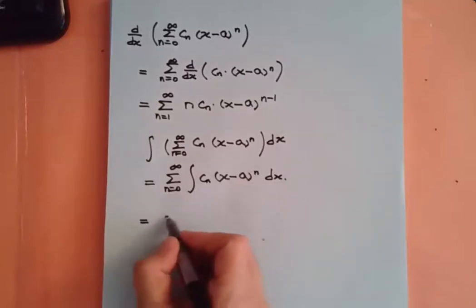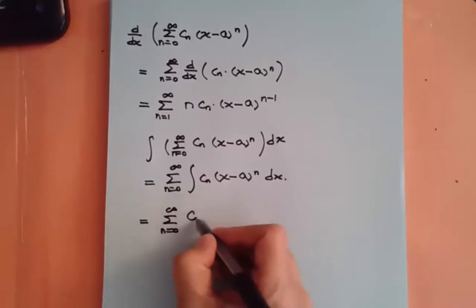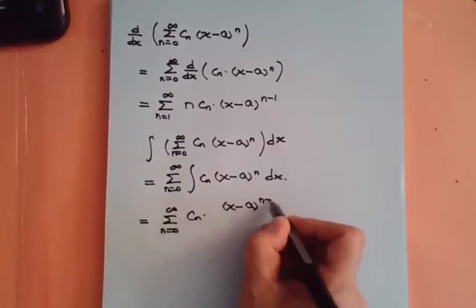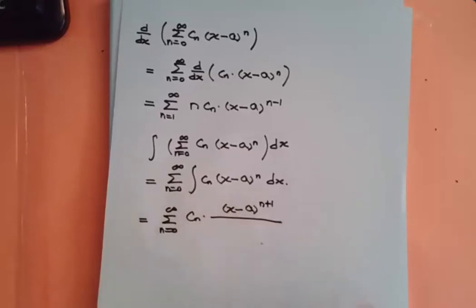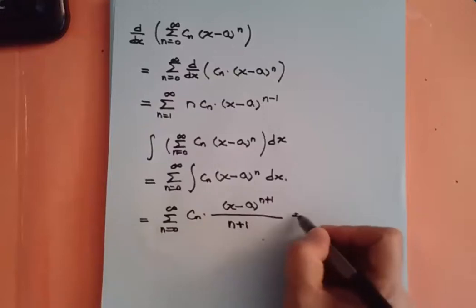So that can be written as the sum from n equals 0 to infinity of Cn times (x minus a) to the n plus 1 power over n plus 1, plus c.